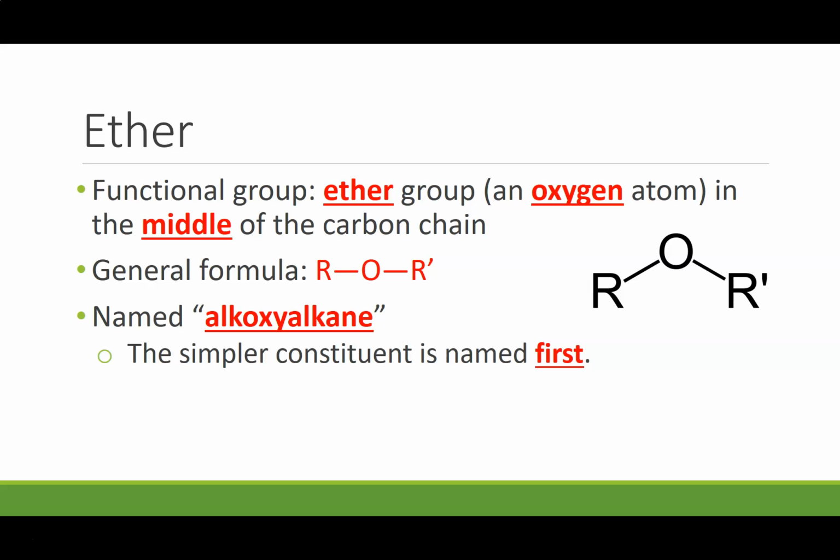The name of an ether is in the format alkoxyalkane. For example, if R and R' both consist of only 1 carbon, then we would name the compound methoxymethane. If the two constituents are different hydrocarbons, then the simpler one is named first.